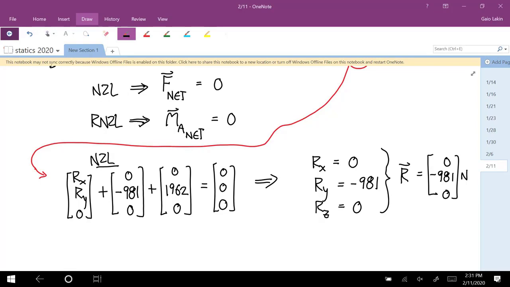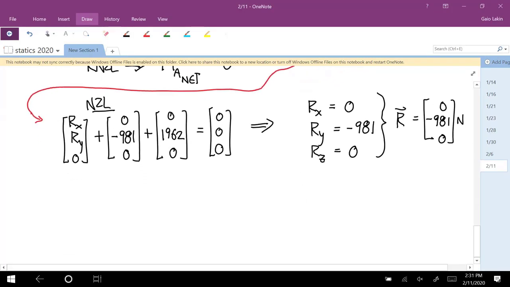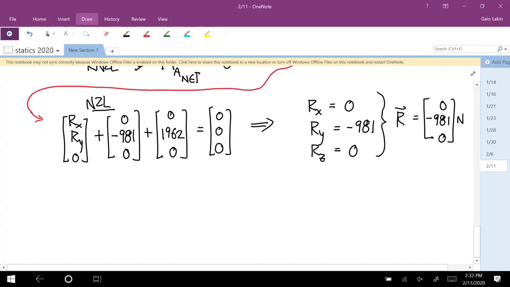Okay. And now the moment equation, the torque equation. By the way, physics people tend to use torque and moment interchangeably.